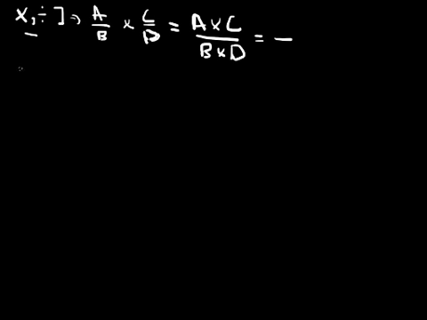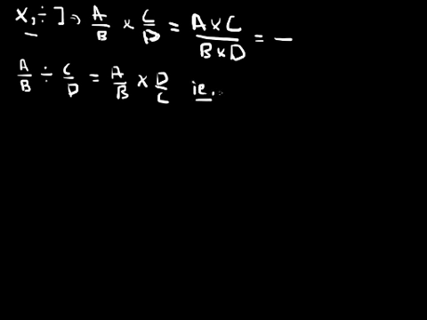Now division, if you have a over b divided by c over d, you just flip the second number, so you inverse the second number, and the division becomes multiplication. So a over b, these two are equal, times d over c.